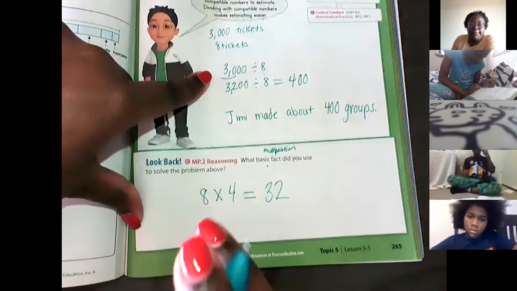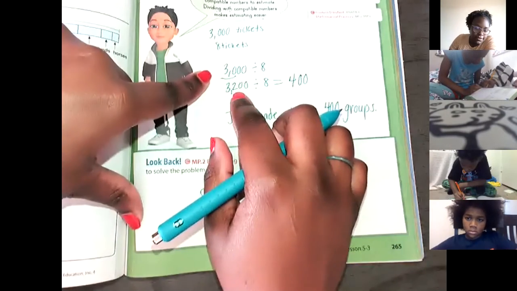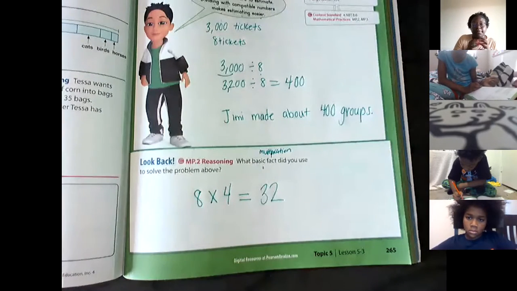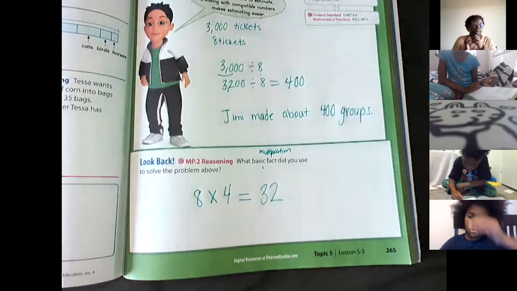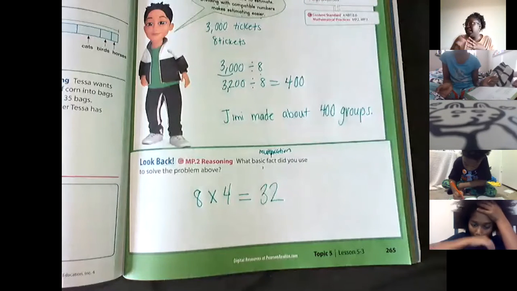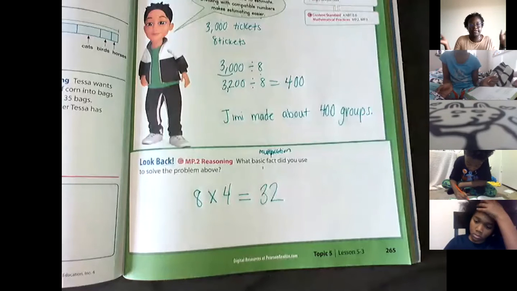Whenever they're asking for the basic multiplication, they're not talking about the hundreds and the thousands. They're talking about the really simple 1-digit multiplication facts. That's what they wanted to know. We know that 8 times 4 will give me 32, and all I did was add the zeros at the end.